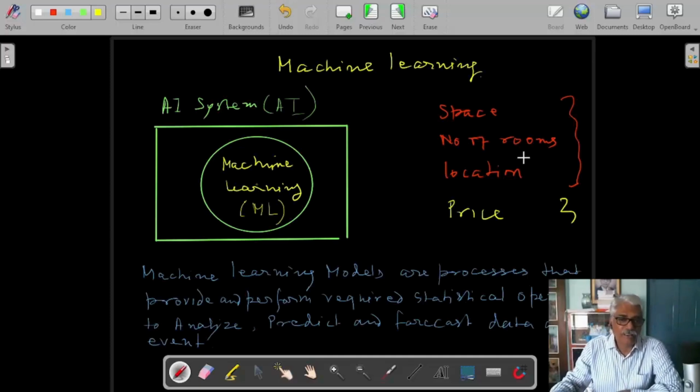So the final goal is to predict and forecast data based on certain previous data. And most often, as I mentioned, it works on statistical processes. Now these statistical operations are often known as regression. So there can be simple regression, logistic regression, multiple regression, so many different types of regression are there.